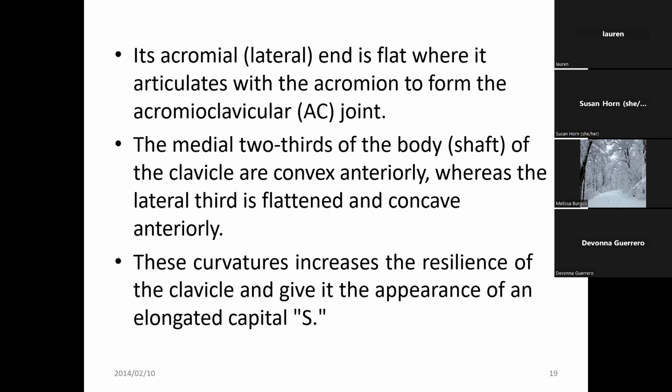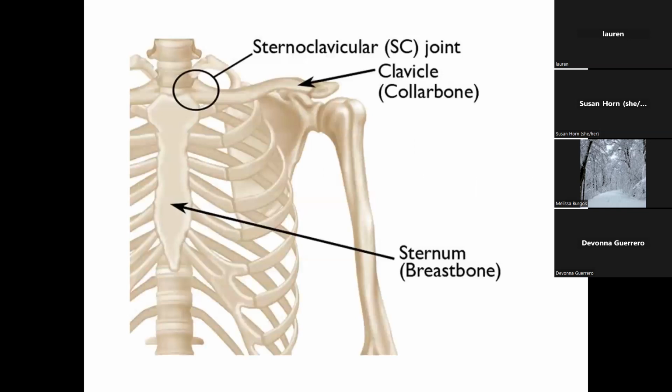So the acromion, clavicle, AC joint. And it's good to know that this is a little bit of an S, but I don't think you'll be tested on that. Let's take a peek at this. So here's what we're talking about. The sternum, here's where the clavicle, the SC joint, clavicle comes out, and we've got the AC joint right here.